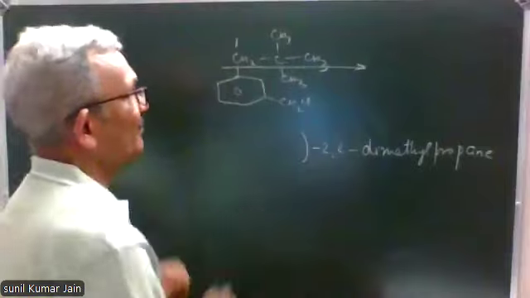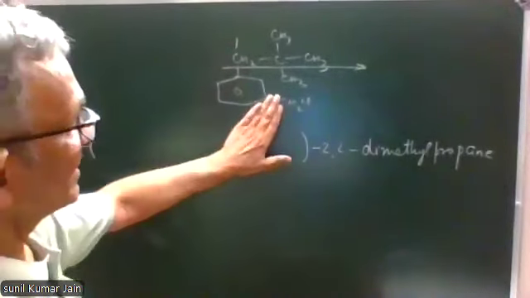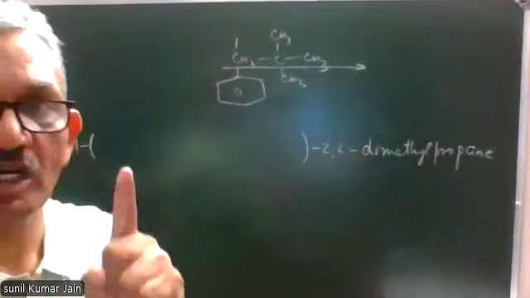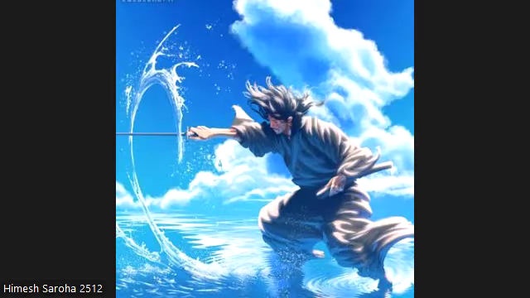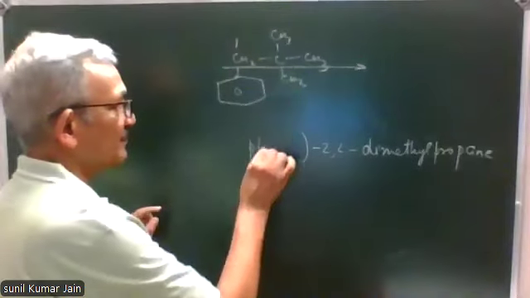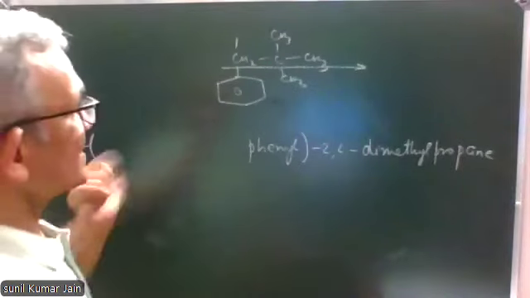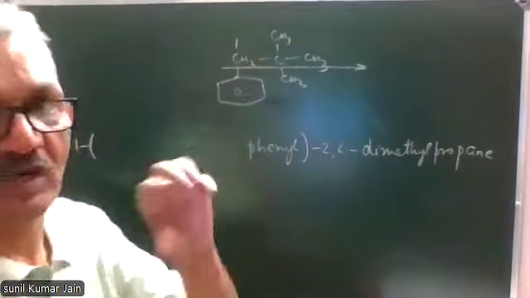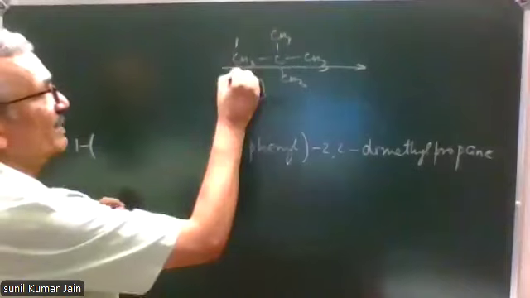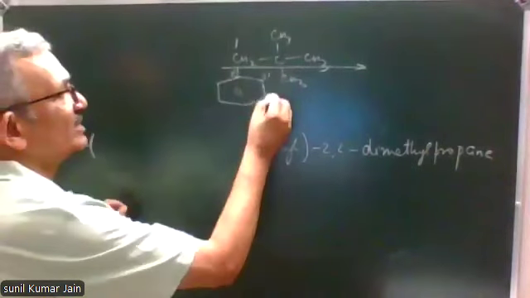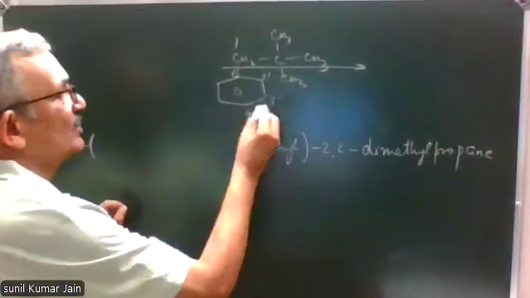Now I'll name this one. If CH2Cl is not present, then first carbon is bonded to phenyl group. I'm writing phenyl. In case we count carbon atoms of the aromatic ring, this will be 1 dash, 2 dash, 3 dash, 4 dash.